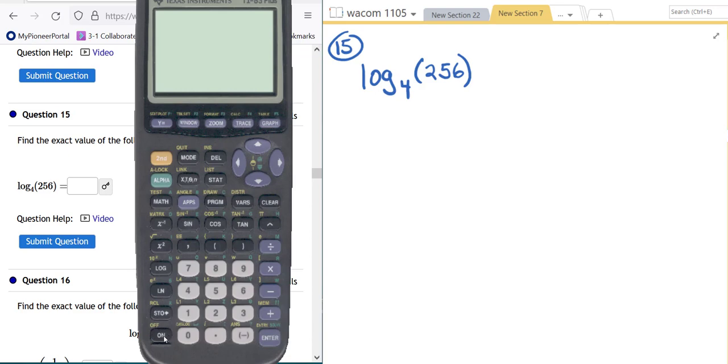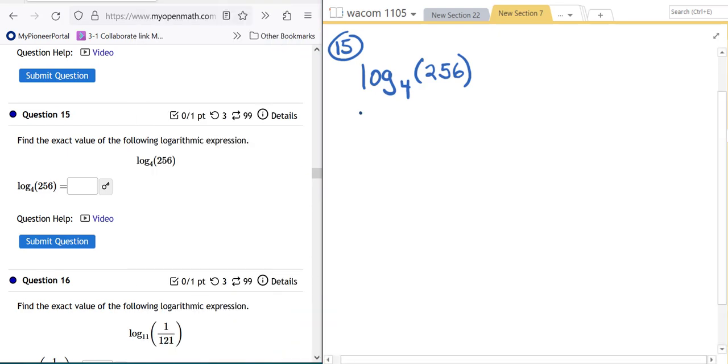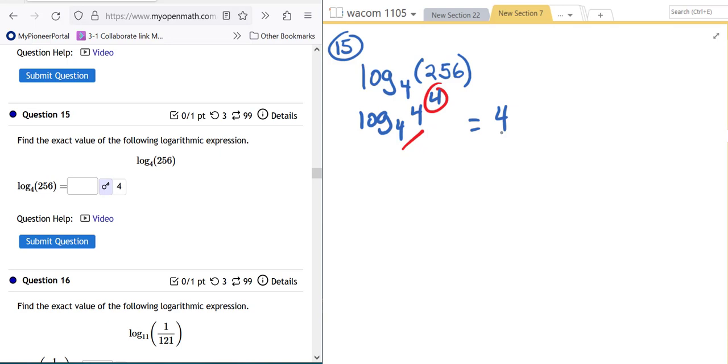Let's see, 4 to the third is 64, I think, so let's try 4 to the fourth, which is 256. So we're going to rewrite the 256 as 4 to the fourth. Once these bases are the same, the answer is your exponent. The work is getting them the same.